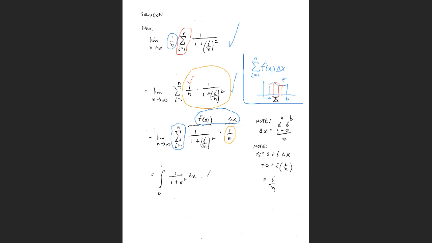The f of x sub i would have to go with the part of the expression that has an i in it. So f of x sub i goes with 1 over 1 plus i over n squared. So far, are we good up to this step? Please let me know if you have any questions.